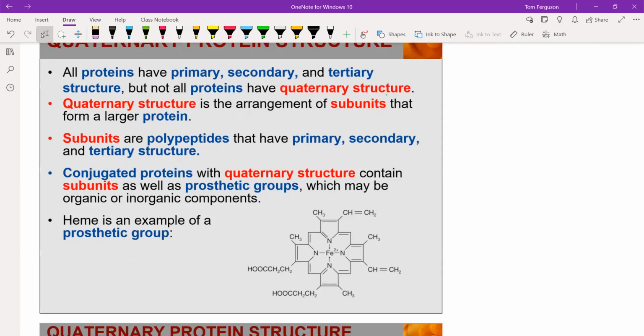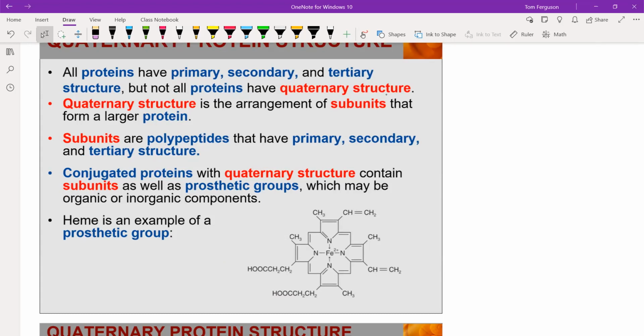Okay, and then the fourth structural unit, we talked about primary, secondary, tertiary. There's also quaternary. That means that if there's multiple units within the protein, those can be positioned and bound in various ways, and the subunits then determine a quaternary structure.